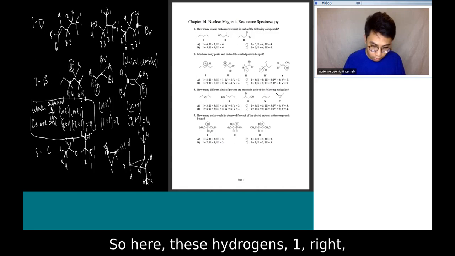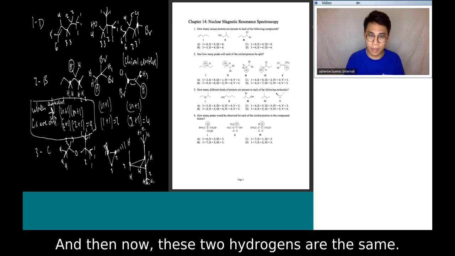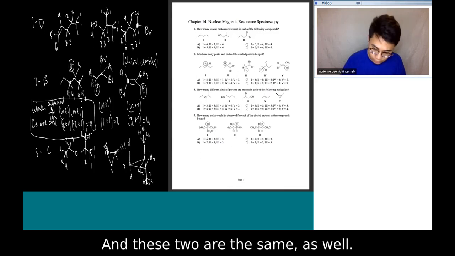So here, these hydrogens, 1, right, are the same as these hydrogens down here, right? And then now, these 2 hydrogens are the same, and these 2 are the same as well.